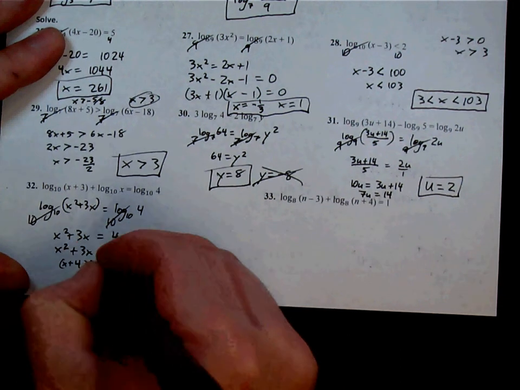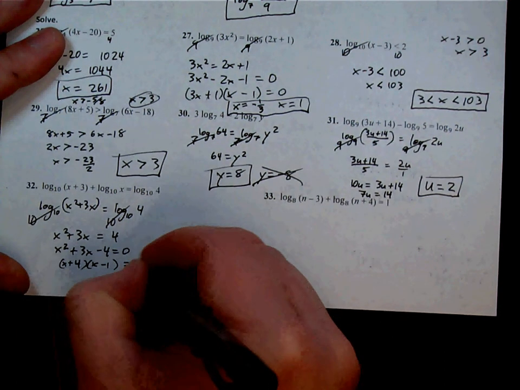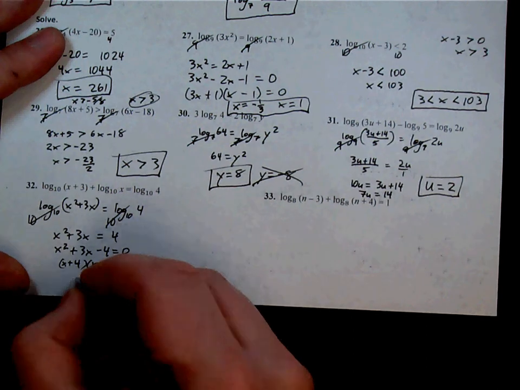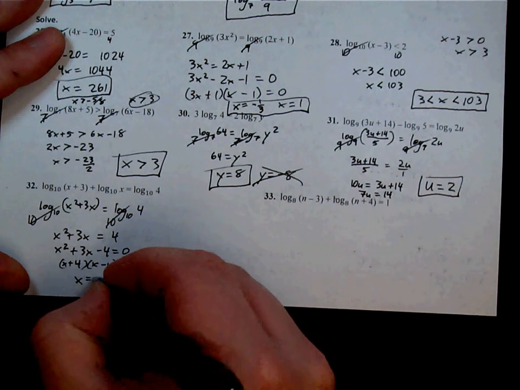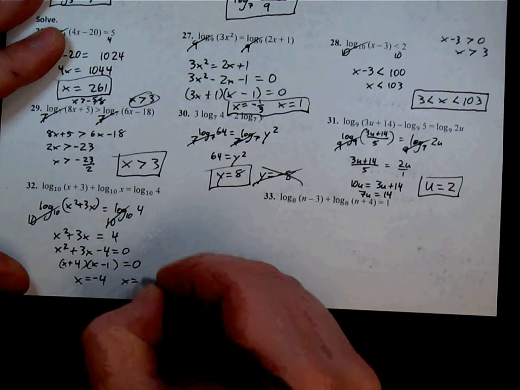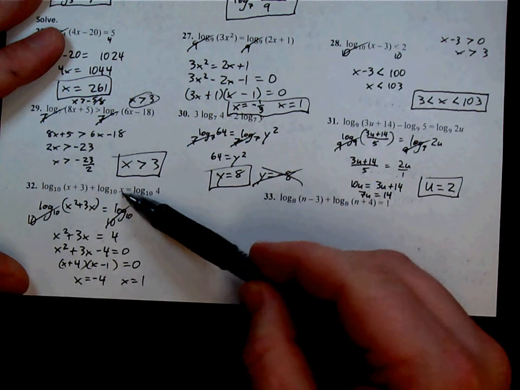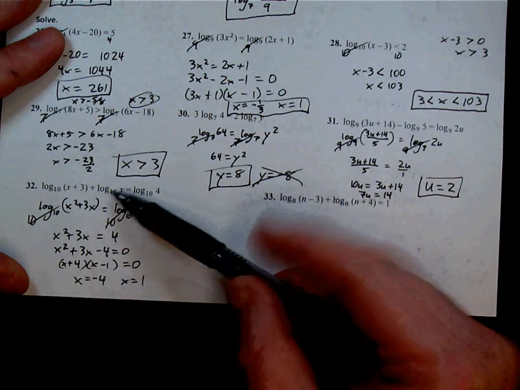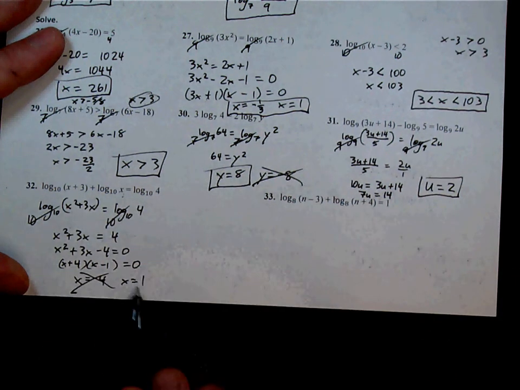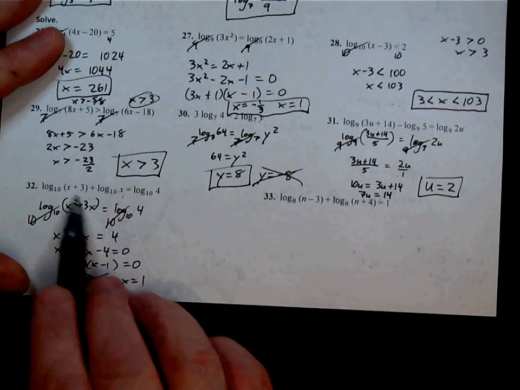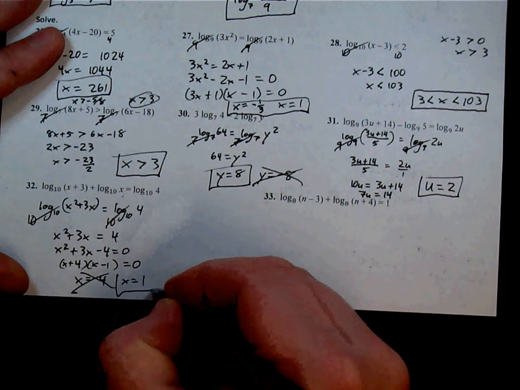Factor: x plus 4 and x minus 1, leaving us with answers of negative 4 and positive 1. Check them, test to see if they work. Look at this log right here. We have just a log of x. I can't plug a negative in there. I can't take the log of a negative, so I get to throw that one out. So plug 1 in, log base 10 of 1, that's fine. Over here it's fine also.